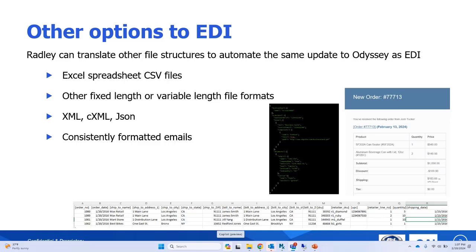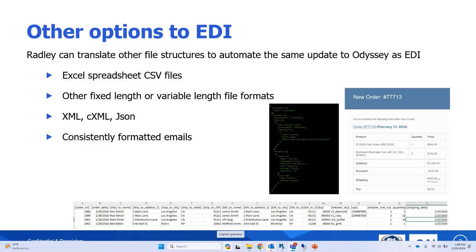We could use fixed record length files as well. So the first 30 characters is going to be the purchase order number, and then it's going to be the purchase order date and the part numbers and so on. As long as we can have a standard format of a file that could be sent to you, we can take that data and transform it into data for Odyssey so that information wouldn't manually have to be entered by you.